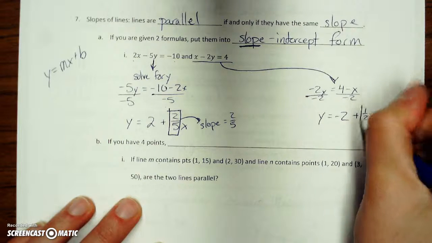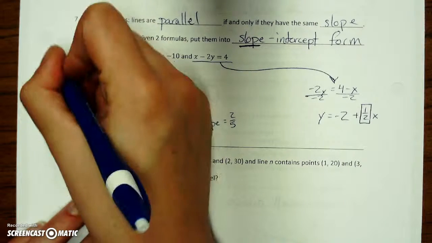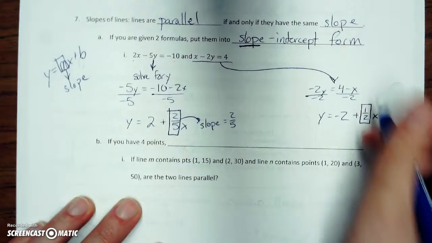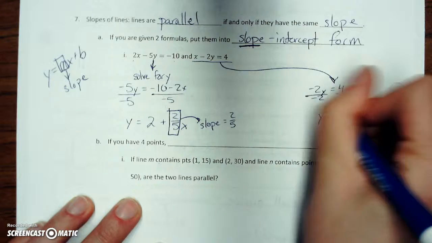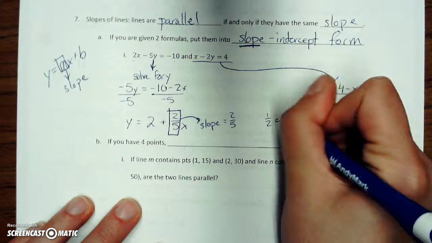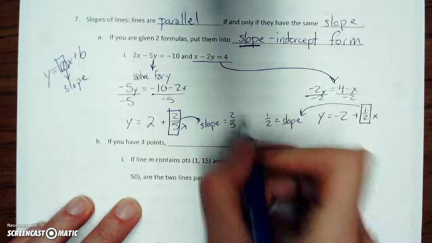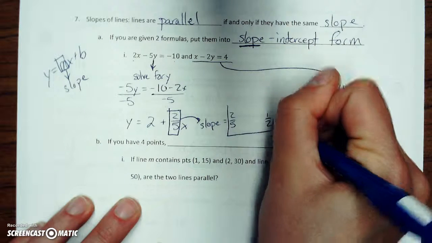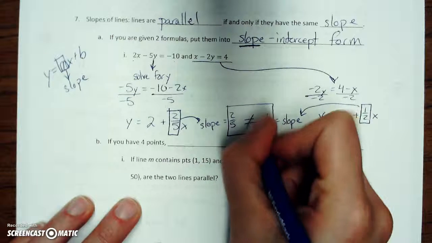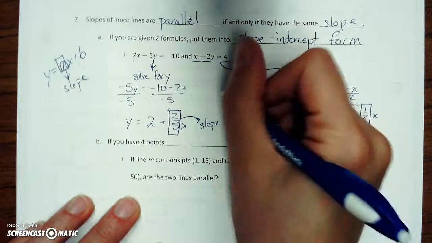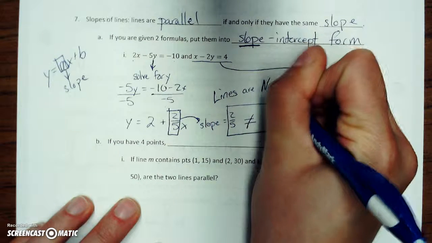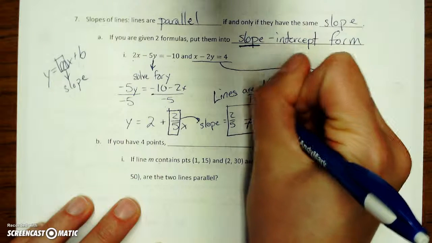And since this is our slope, we know that the slope of this line is 1/2. Notice here we have slope of one line is 2/5, slope of the other line is 1/2. Those are not equal. Therefore, we can conclude lines are not parallel.